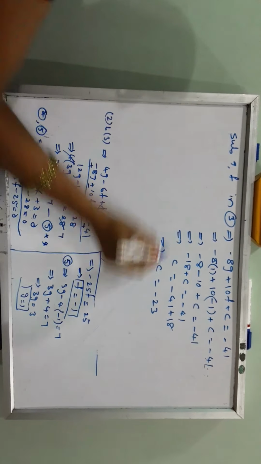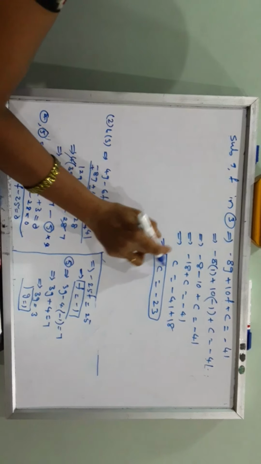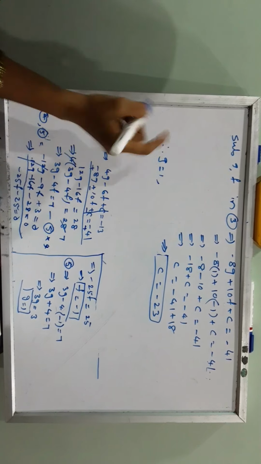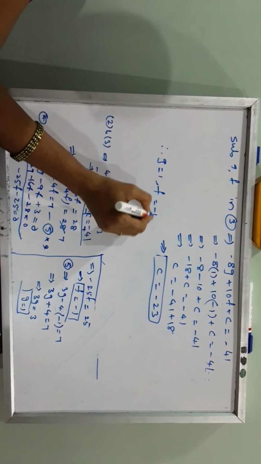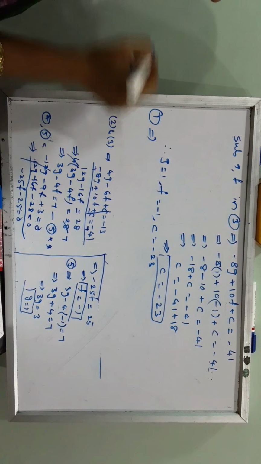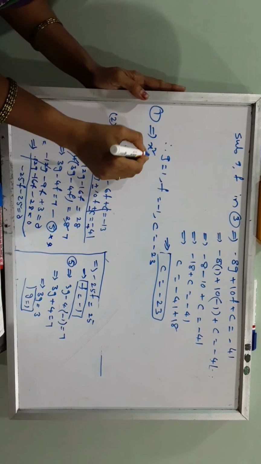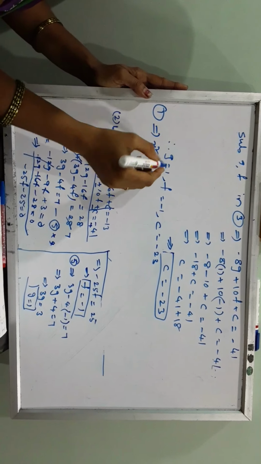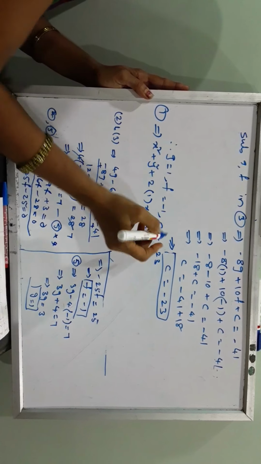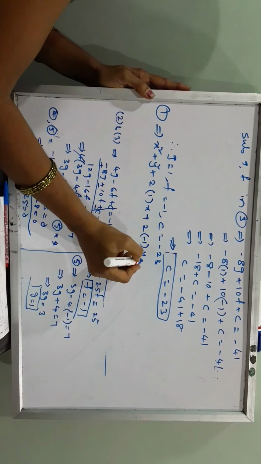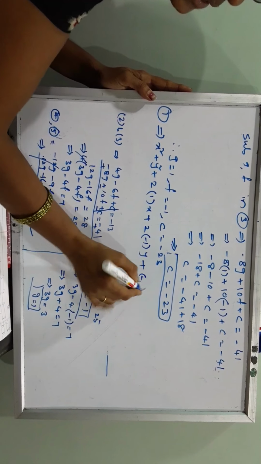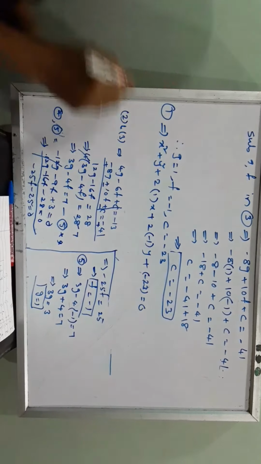Therefore g is equal to 1, f is equal to minus 1, and c is equal to minus 23. Now substitute in the general equation. We will get x square plus y square plus 2gx, that is 2 into 1 into x, plus 2fy, that is 2 of minus 1 of y, plus c, that is minus 23, is equal to 0.